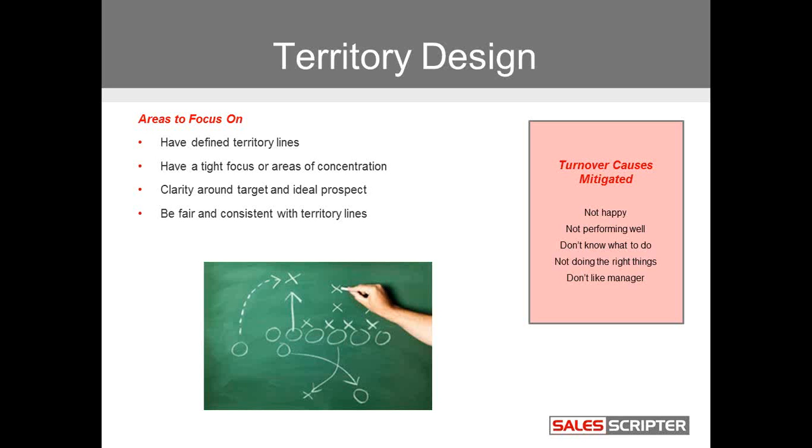Give them clarity on what the ideal prospect looks like in terms of current process, current environment, current organizational structure. It's sort of like a detective with a hand-drawn sketch of a suspect.